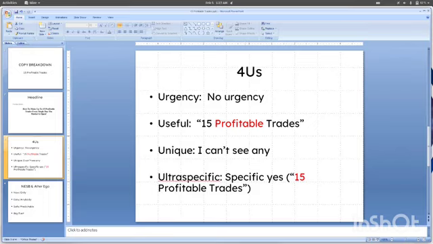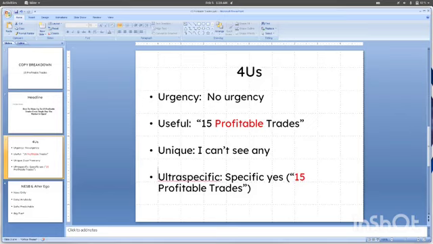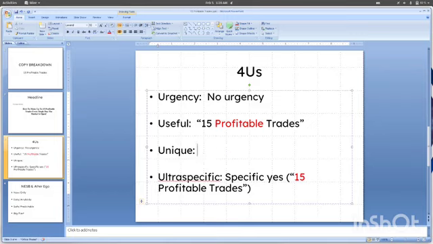I didn't see any uniqueness in this particular copy. No, of course there is unique. It shows something unique because of this particular word, reveals. Free report reveals. Now this reveals is a keyword showing that there is something new, something that is unknown. So this copy is going to show the reader something new that will enable him to gain 15 profitable trades every single day the market is open.